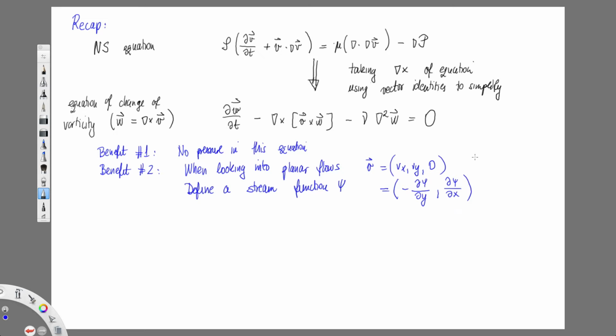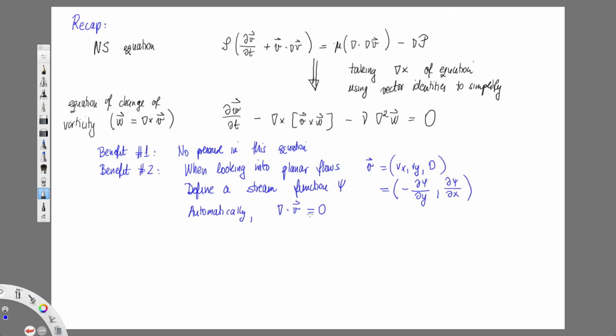We can actually see that if it's a stream function corresponding to a velocity field of incompressible flow, then automatically the divergence of V is equal to 0. Why?